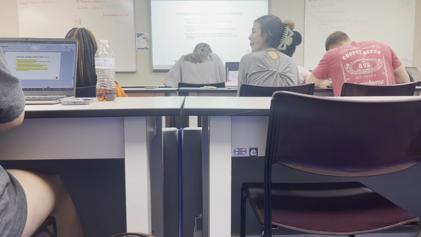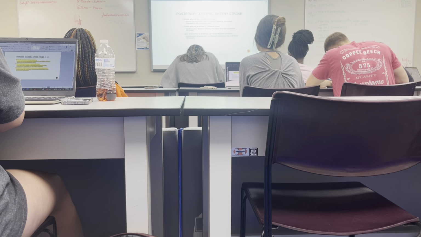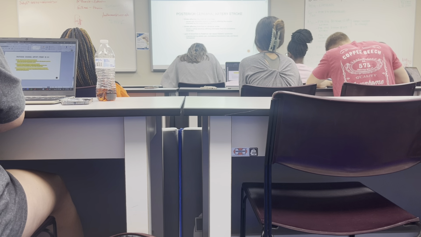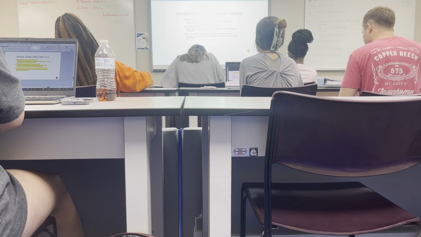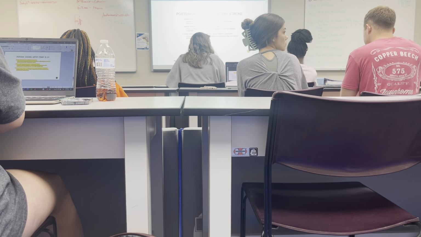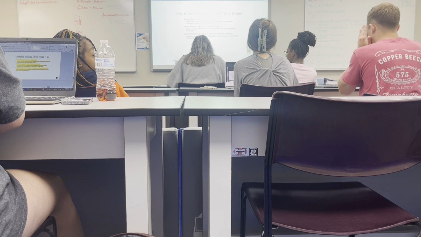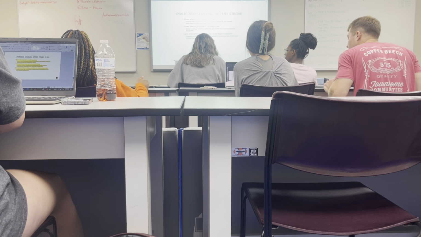Okay, so just know the impacts of this. If you lose your peripheral vision, like Jasmine was saying, what side of the brain is affected, or is it both? Both. Okay.